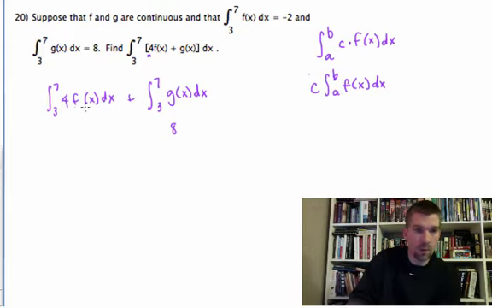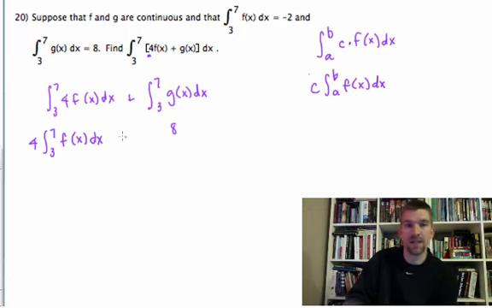Look at the problem we're working with. I can pull the 4 out, so I have 4 times the integral from 3 to 7 of f(x) dx, plus this 8 over here, which satisfies the g(x) integral. The integral from 3 to 7 of f(x) dx is negative 2.